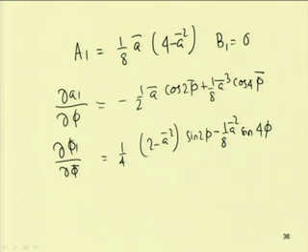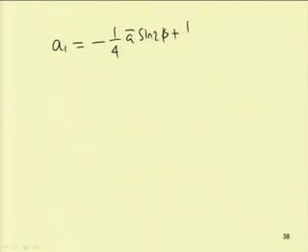So, the solution now: d a1 by d phi equal to minus half a bar cos 2 phi plus 1 by 8 a bar cube cos 4 phi. So, one can find the solution, a1 equal to 1 by 4 a bar sin 2 phi plus 1 by 32 a bar cube sin 4 phi bar.